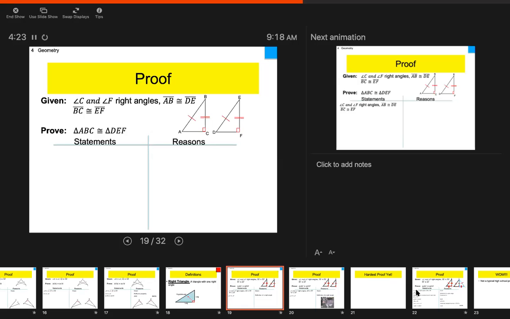Read me the red marks. What's it say? Side angle. So we got donkey, right? These two triangles are not congruent by what we know so far. Yet guess what it's asking us to do? It's asking us to prove that the two triangles are congruent. It's asking us to prove that the donkey thing is true.